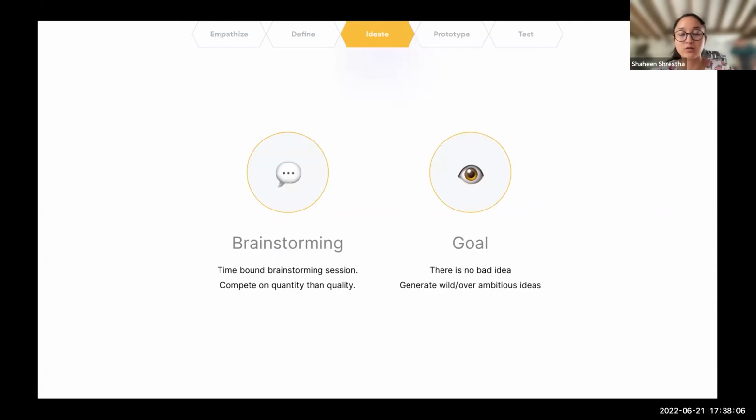Because like this ideas generate, then we have a big pool of ideas in front of us and then it's easy for us to make the best decision so brainstorming sessions are usually always time bound, then it can lead to being productive.